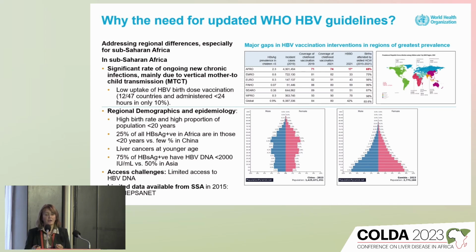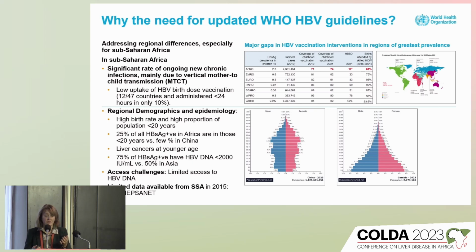But there's also other important regional differences in the demographics and the epidemiology by dint of the high birth rate and the high proportion of the population less than 20 years. As a result, with the ongoing mother-to-child transmission, 25% of all Hep B surface antigen positive persons in Africa are in those less than 20 years. And it's only a few percent in China, where they have had for the last 30 years a very effective infant vaccination program. And we know that liver cancers are occurring at a younger age.